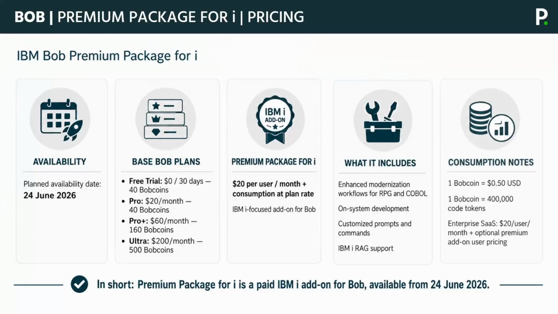Next is Pro Plus. This provides 160 Bob coins and may be the sweet spot for most IBM I shops, while Ultra is the $200 per user per month and provides 500 Bob coins. This is the tier for heavy coding and modernization.